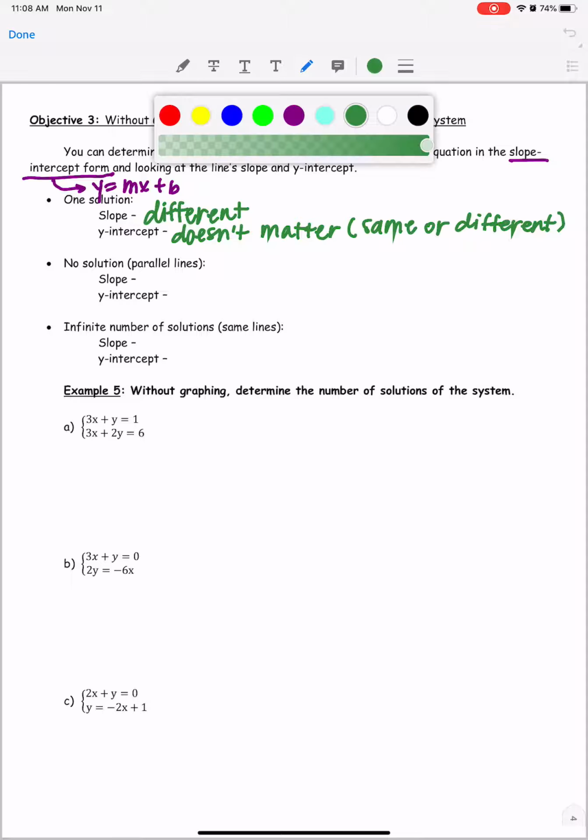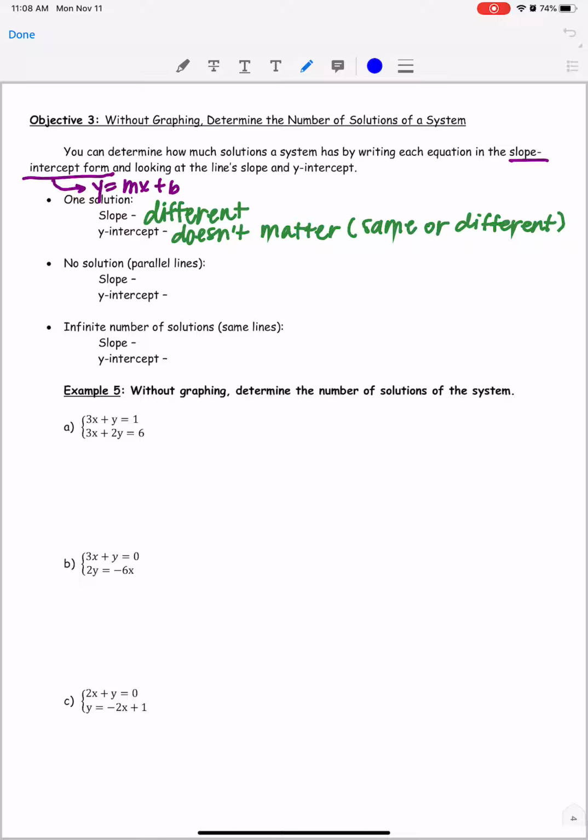Second thing that can happen is I get no solution, and we get no solution if the slope is the same. And if the slope is the same, but the y-intercept is different, that's parallel lines, we've got no solution.